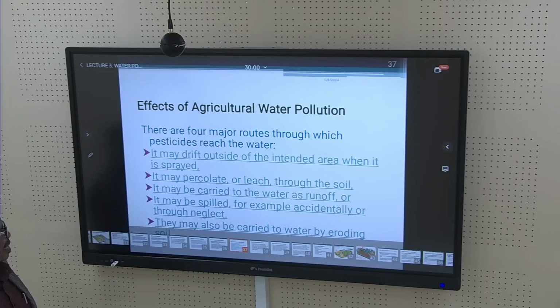It may be carried to the water as runoff, or it may be spilled, for example, accidentally or through negligence. They may also be carried to water by eroding soil. So those are the effects of agricultural water pollution.